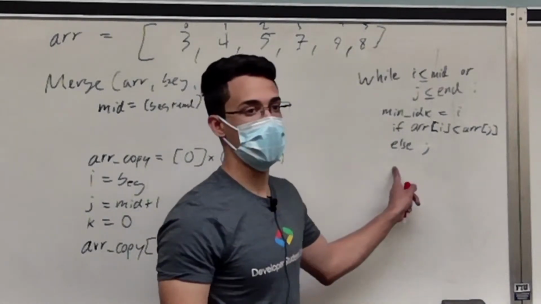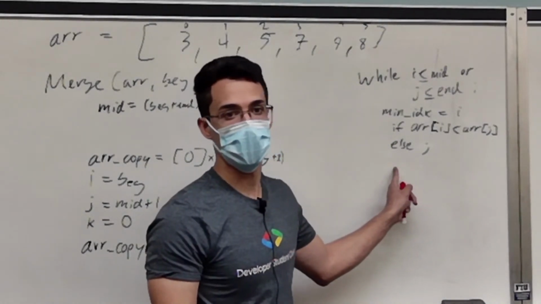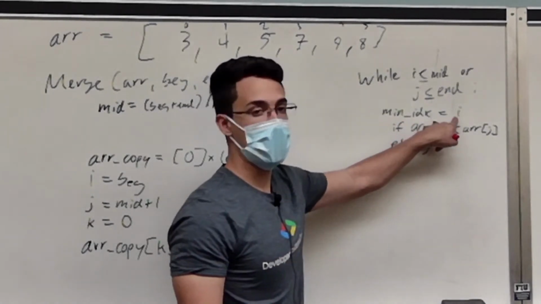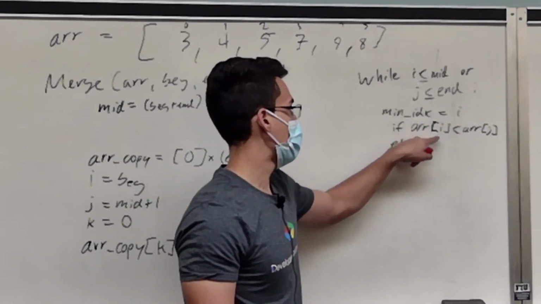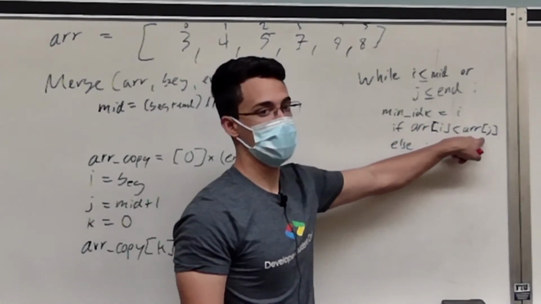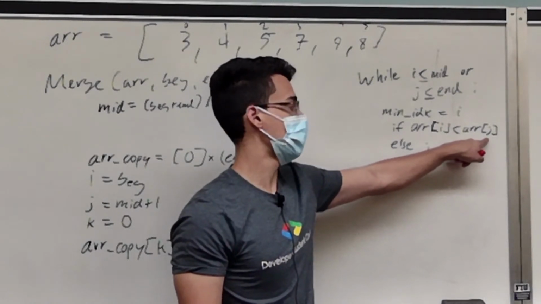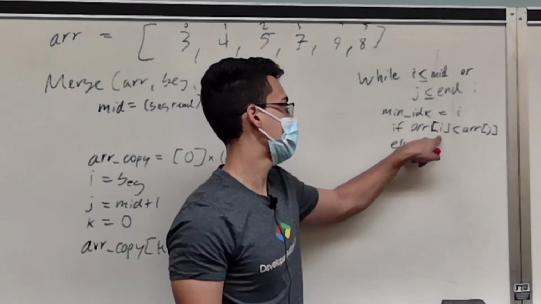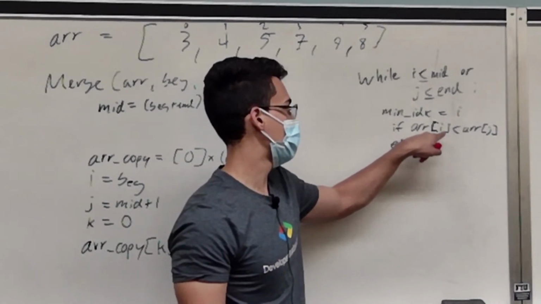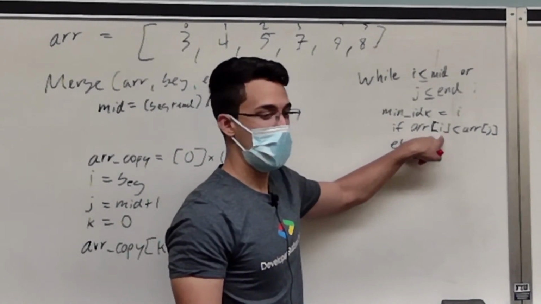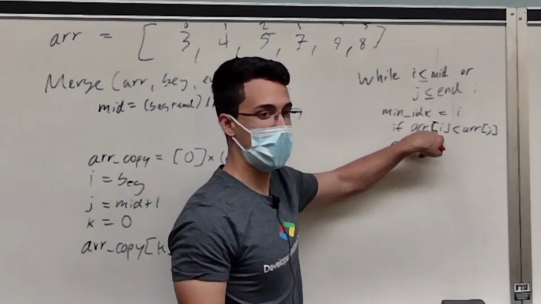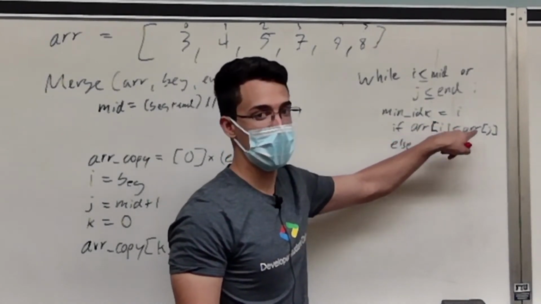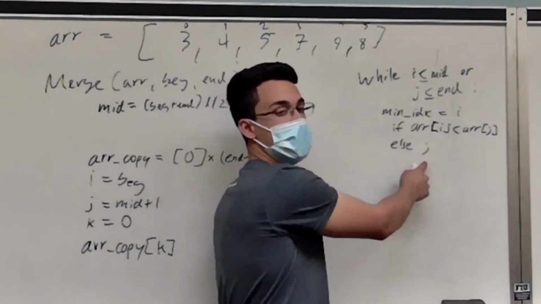Okay, yeah, this is Python notation again. And this might be confusing, but this is what it's doing. The minimum index is going to be I if the array at I is less than the array at j, right? So this is going to be a value at the right half, and there's going to be a value at the left half. So if the left half has the smaller value, then the min index is going to be I. But if that's not the case, then we're going to set min index to j.